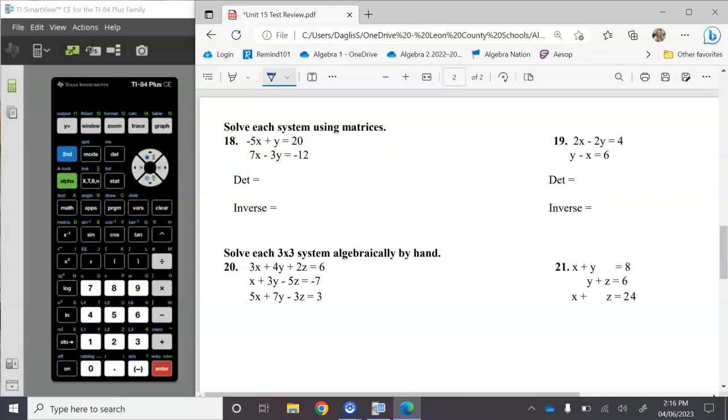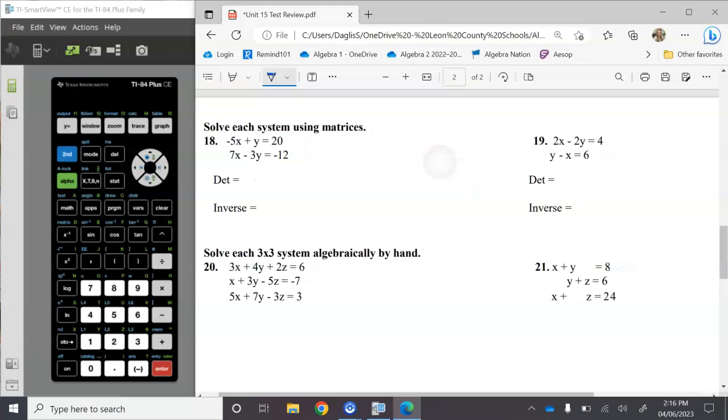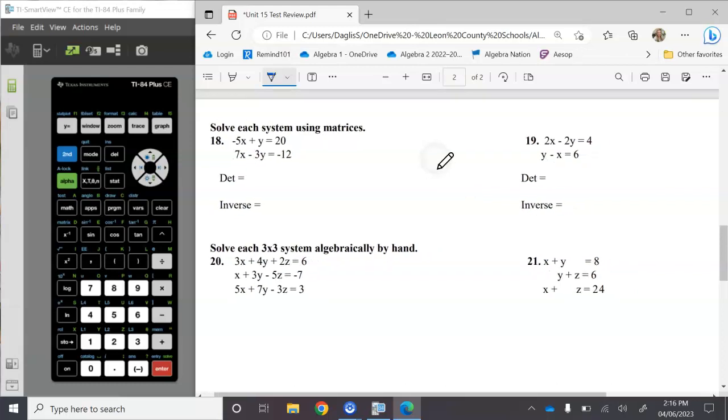So we have -5, 1, 7, -3. Those are my coefficients. Then we have my variables. We're using the variable x and the variable y. And this is equaling our answers, which are 20 and negative 12.